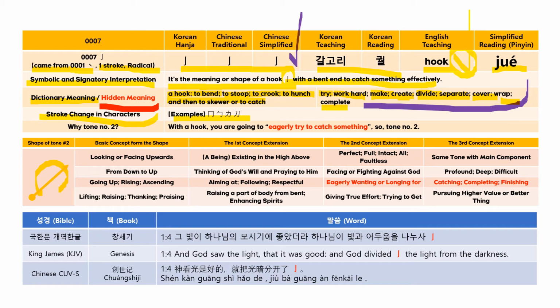People teach and learn it as one of the radicals, but this character changes in so many Chinese characters. Just like this, far away, you go and then you go down and hook.